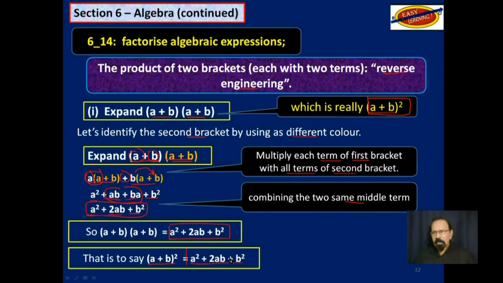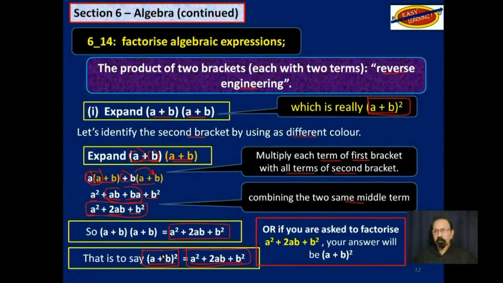If you see this pattern anywhere, you can factorize it to that. But you have to remember that. Or if you are asked to factorize this, your answer will be (a plus b) squared. Anytime you see this type of pattern.